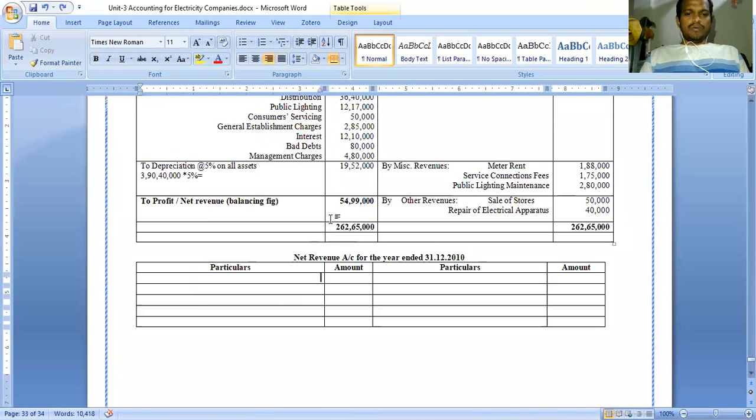So before going to capital account, whatever the profit amount, by balance carried down, that is 5499, to balance carried down, it is brought down.